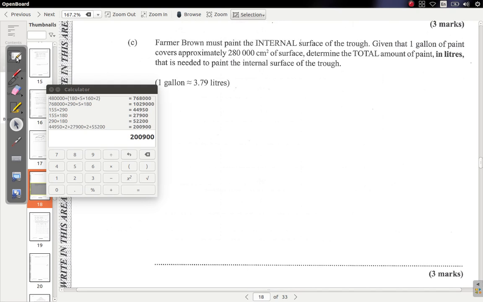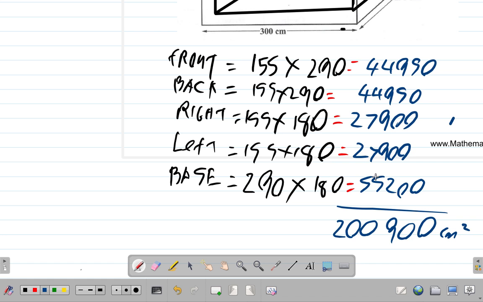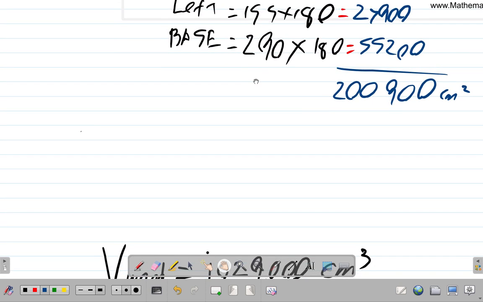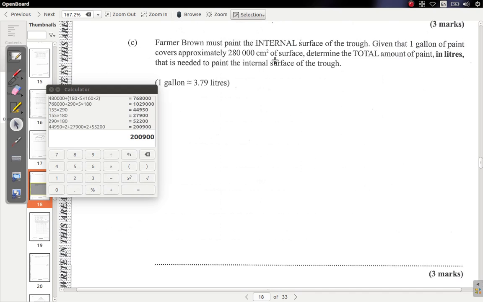So 1 gallon equals 280,000 centimeter square. Alright? And 1 gallon of paint to cover that. You want the amount in liters.